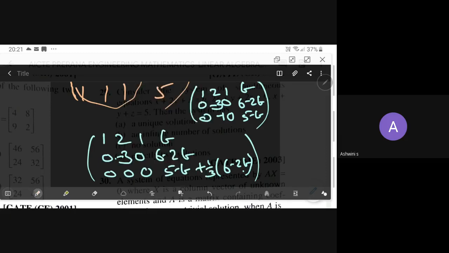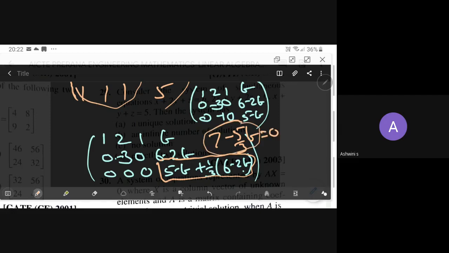What is this value? So 5 plus 2 is 7. Then you have minus b here, 1 by 3, minus 2 by 3 b, which gives minus 5 by 3 b. This must be equal to 0 for the system to be consistent.